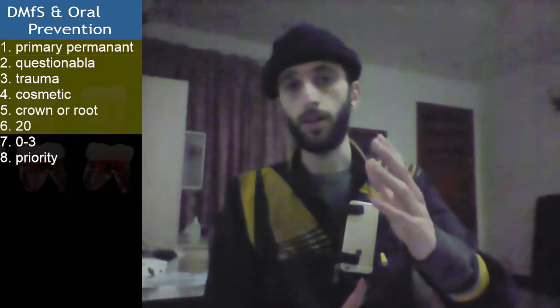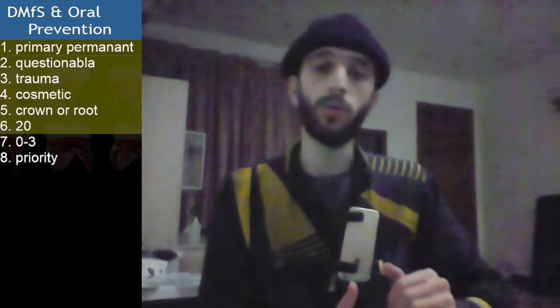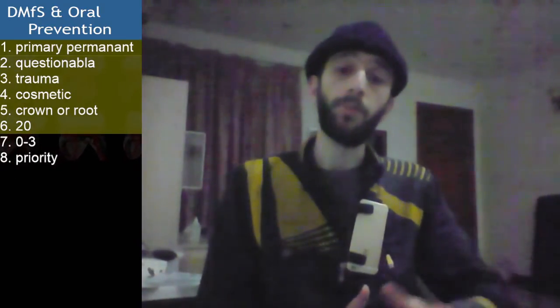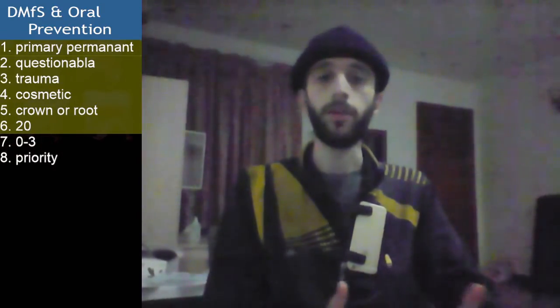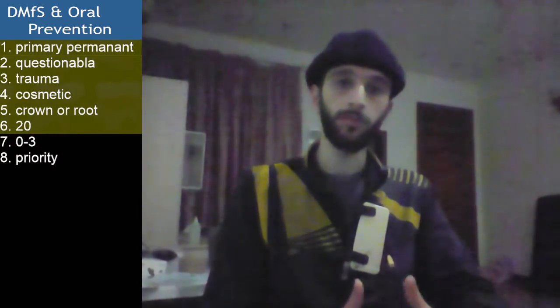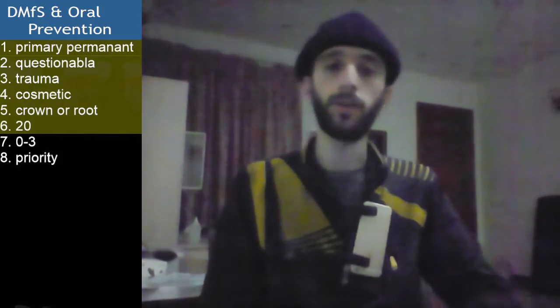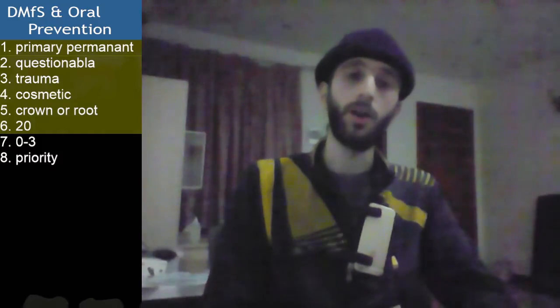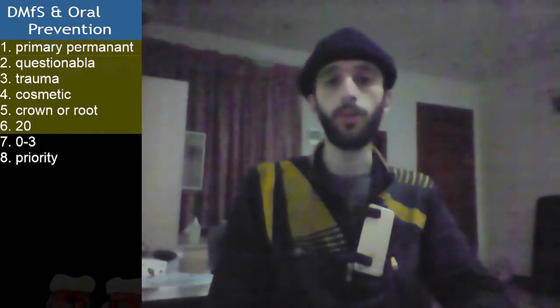Therefore, the deciduous teeth total is 20, but the permanent teeth are 28, and the decay, missing, filling teeth index is also 28 for permanent teeth.